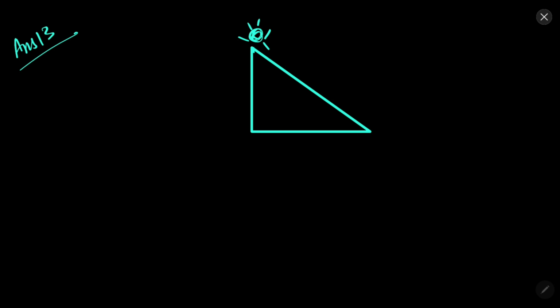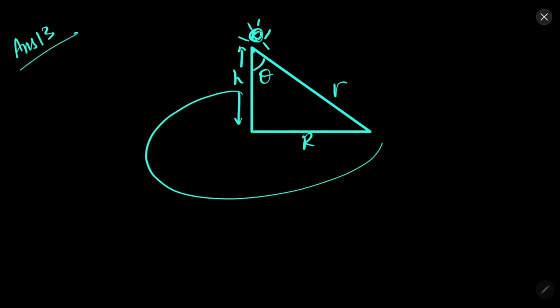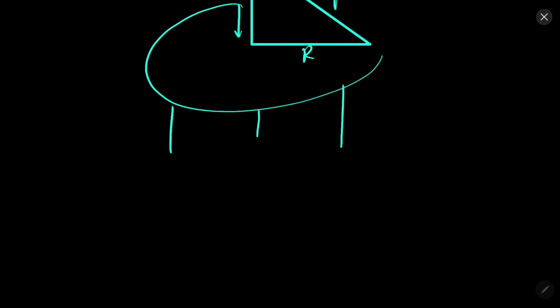Now this is the table, this is the radius of the table, this is the height, this is, let's say this is small r, this is the angle, and this is our table. So E equal to I naught cos theta over r square.